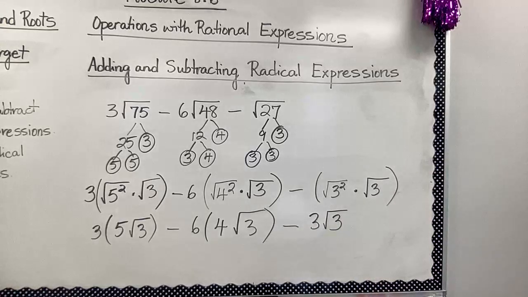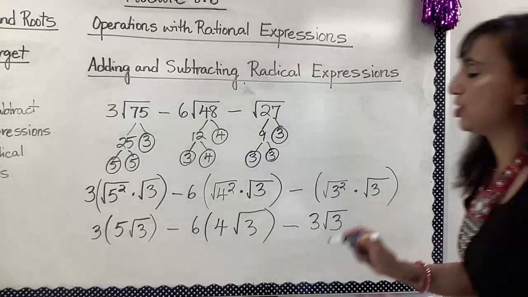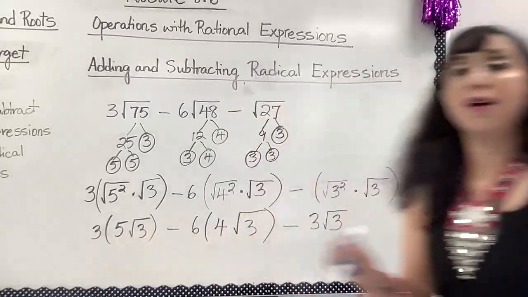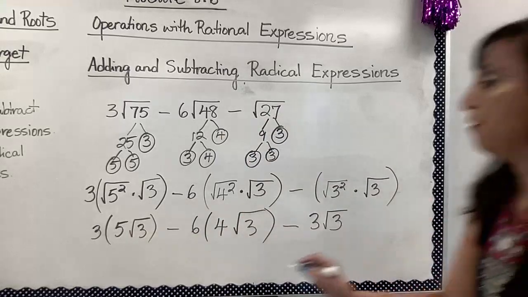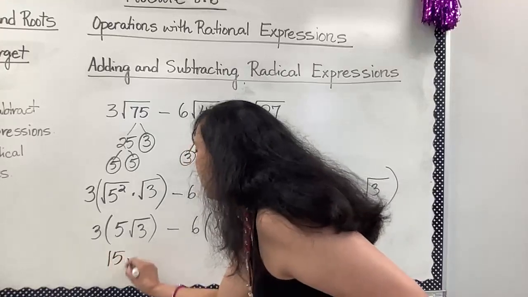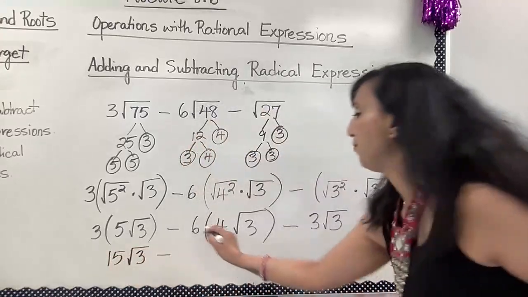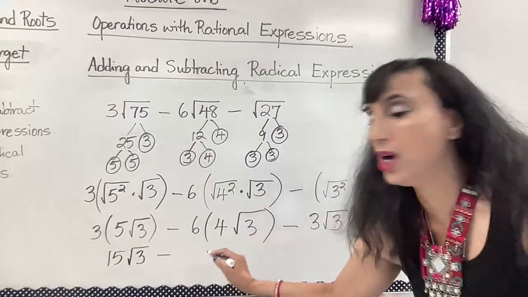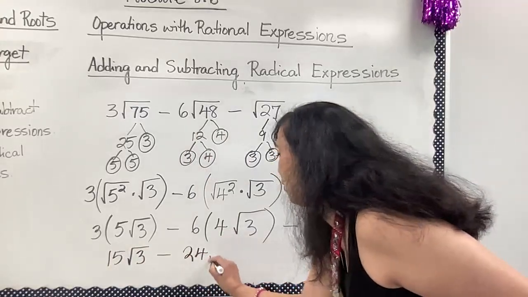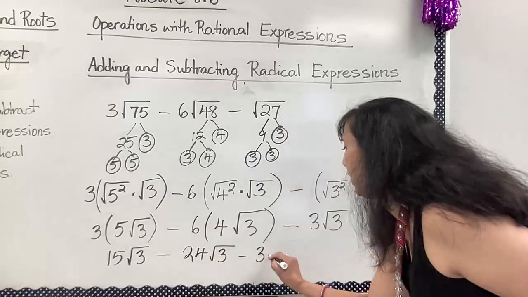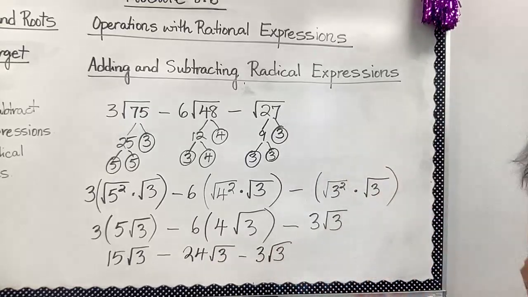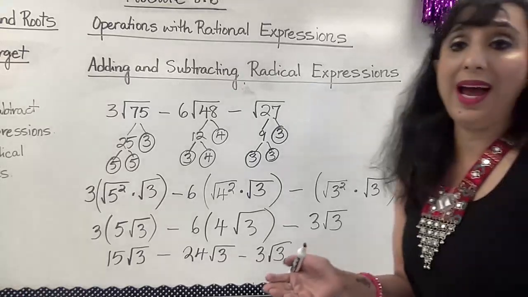So then what we do is we are going to multiply the 3 times 5. Okay? And that is going to give me 15 root 3 minus 4 times 6 is 24. So 24 root 3 minus 3 root 3. Okay? Now, once I have that, I am going to just do what I had just learned.